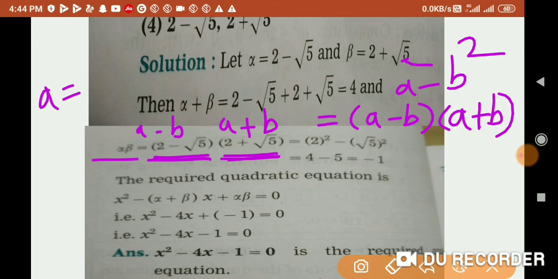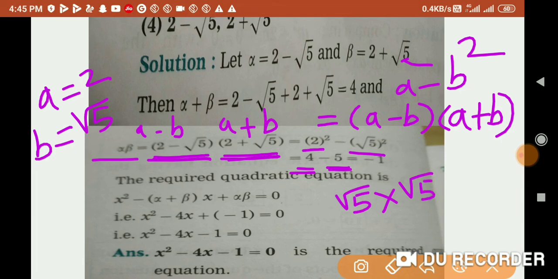Suppose here a is equal to 2 and b is equal to root 5. Now here we can write down a square, that is square of 2, and here minus b square means square of root 5. Now see, square of 2 is 4 and square of root 5 is only 5. Understand? See here, root 5 into root 5, square of root 5, which is root 25, and the square root of 25 is only 5.